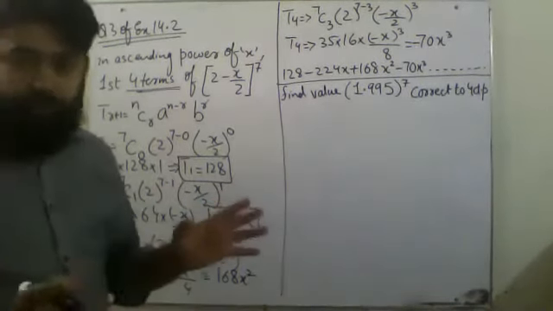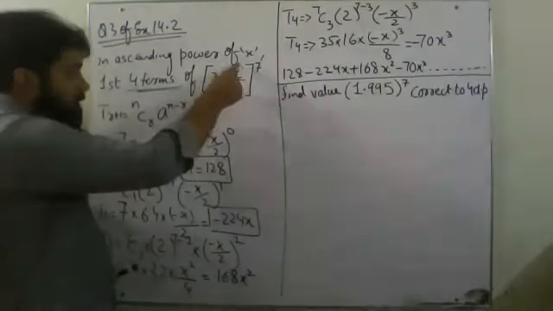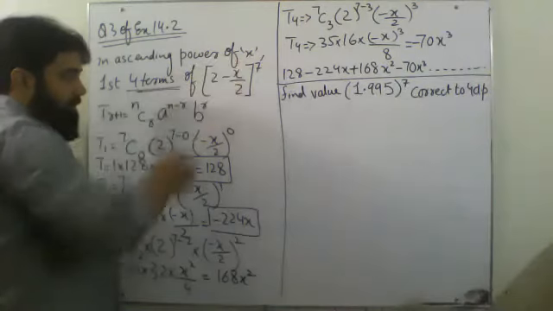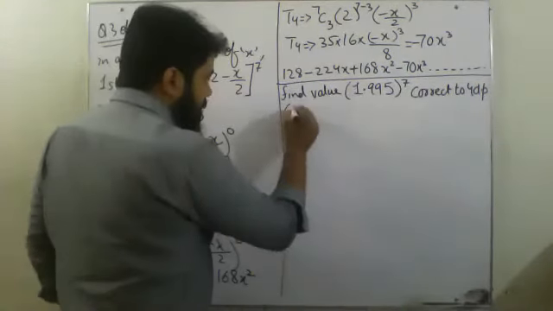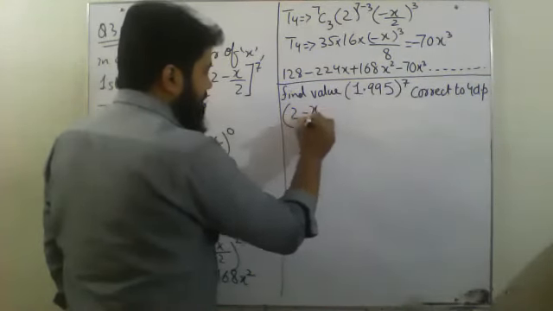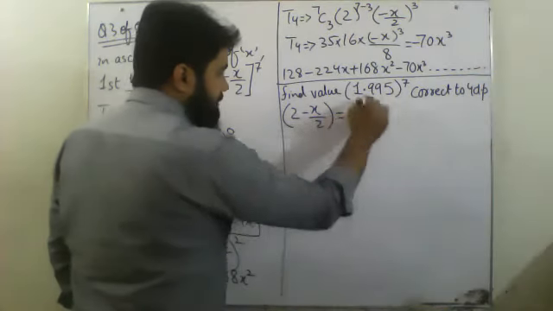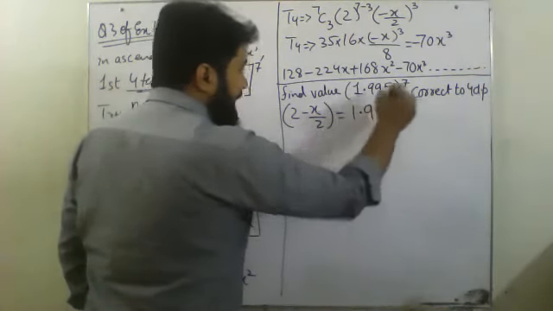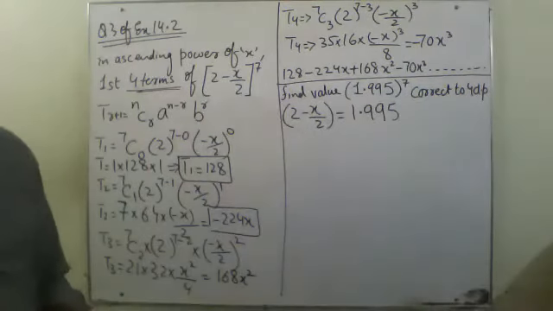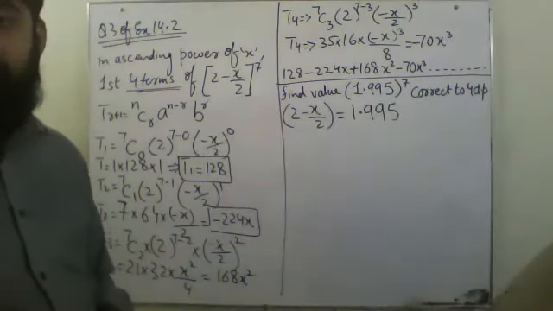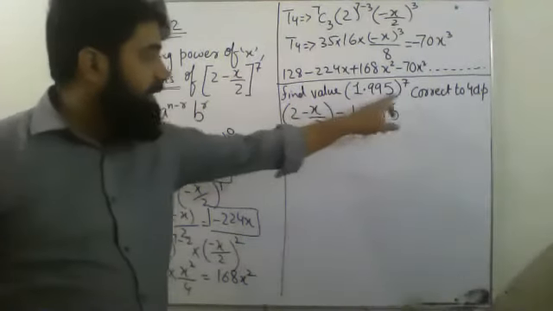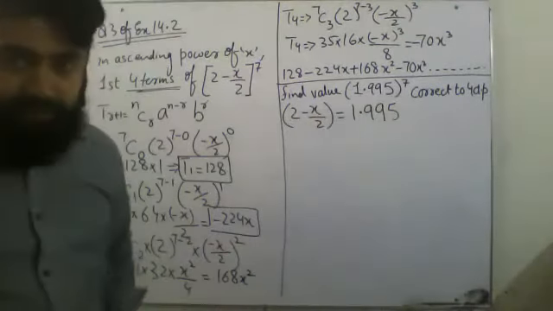So what will you do? You will take this: (2 minus x) over 2 equals 1.995. I'm not even taking power 7, because if I take power 7 over here and power 7 over here, they will get cancelled.